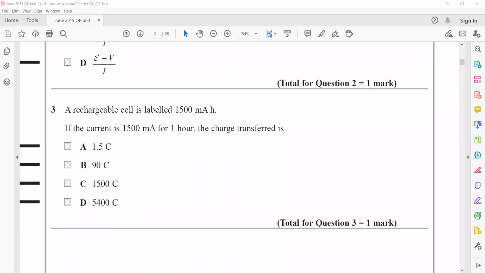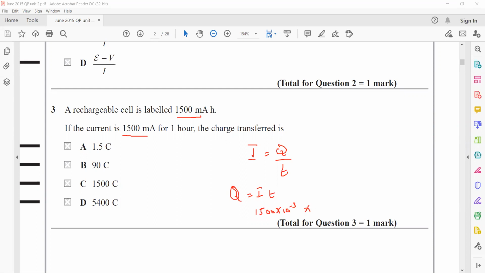For question 3, the rechargeable cell is labeled 1500 milliampere hour. If the current is 1500 milliampere for 1 hour, what is the charge transferred? How can we find the charge transferred? We have the formula I equals Q divided by T, or Q equals I multiplied by T. The current is given as 1500 milliamperes, which is 1500 times 10 to the power minus 3 amperes, multiplied by time.